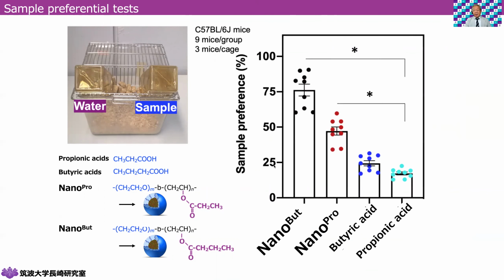You can see the results here. In the case of nanobutyric acid, 75% of the mice prefer to drink the sample. Only 25% prefer water. In the case of nanopropionic acid, 50-50, and butyric acid and propionic acid, less than 25%.